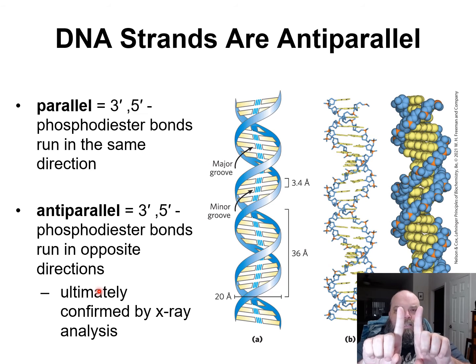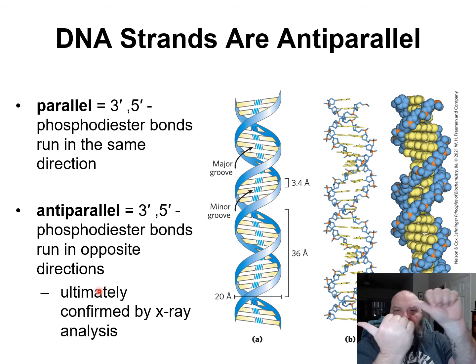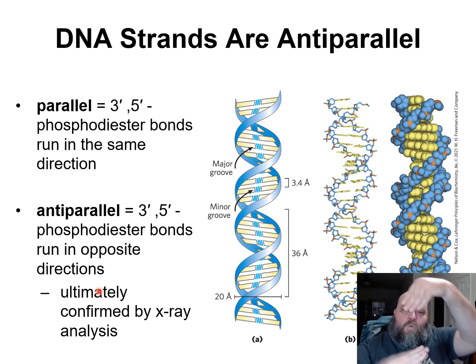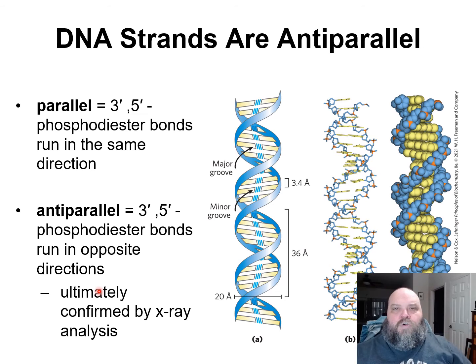Because if they're parallel, the nitrogenous rings for both rungs are both pointed the same direction. So if you flipped them and then tried to do it, now they're oriented in the wrong way, and instead of being nice and flat, they're more disjointed. Couldn't work. Watson and Crick figured it out.